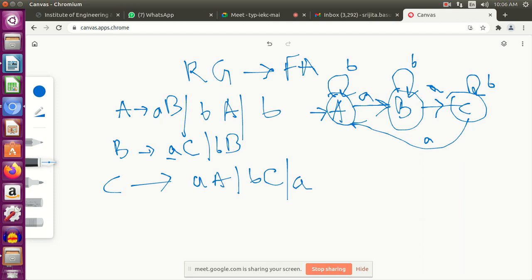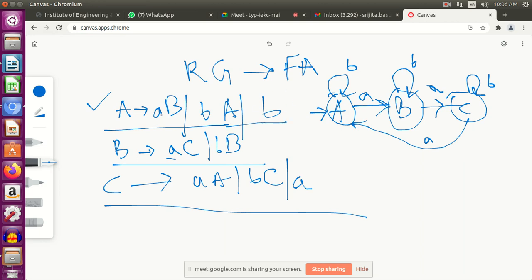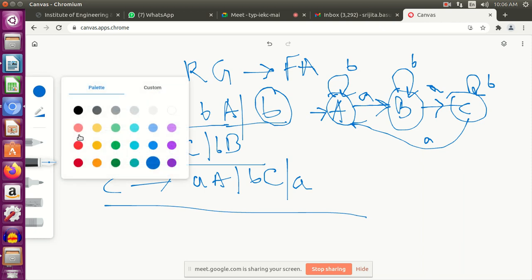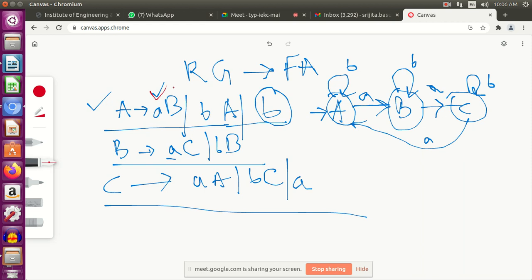Okay. So for finding the final state, listen to this very carefully. You have to consider each production. Considering the first production, which has the only terminal symbol over here, where is it terminating? A is terminating to B. Now check the other production rules: how can you get b from these two production rules?